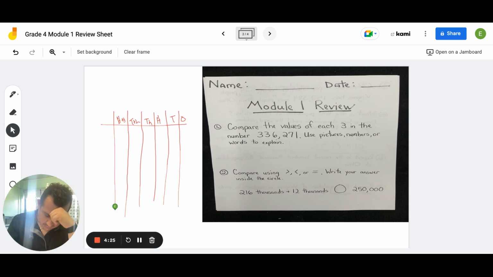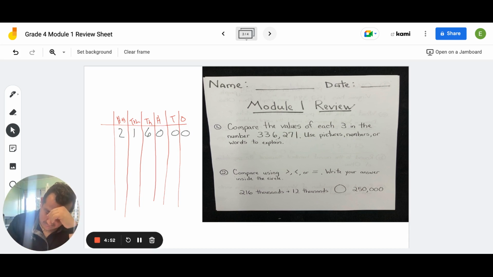So if I have 216 thousands, how am I placing this in here? Well, 216 thousands is going to be 216 in my thousands place, and I have no hundreds, no tens, no ones.